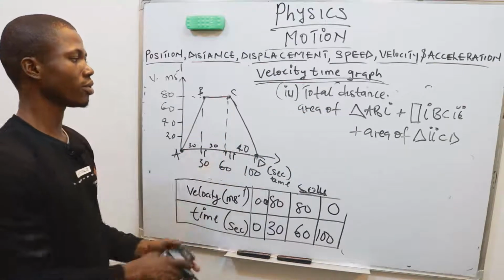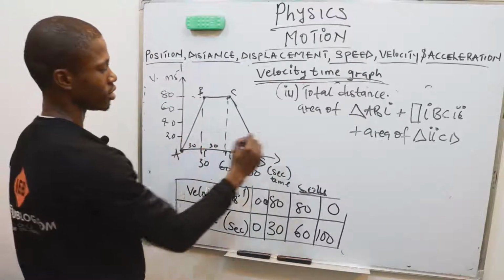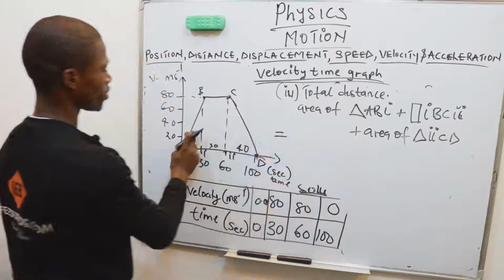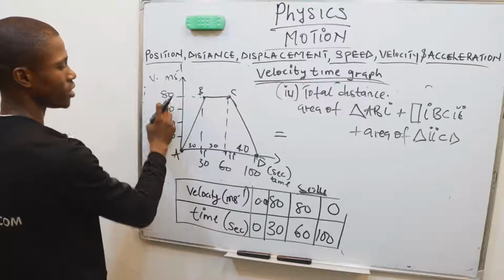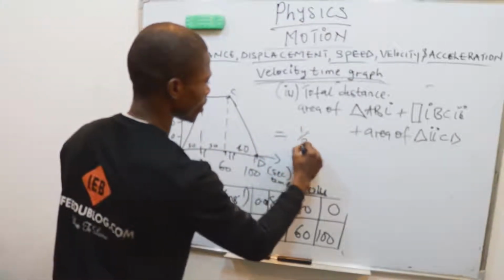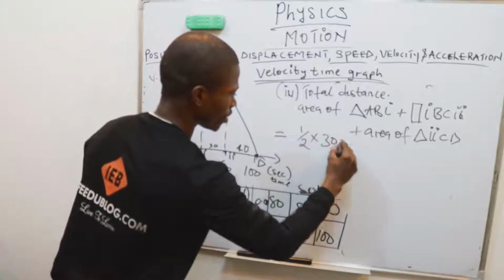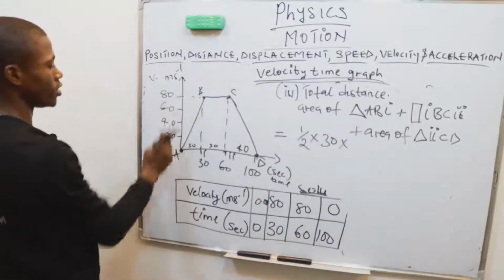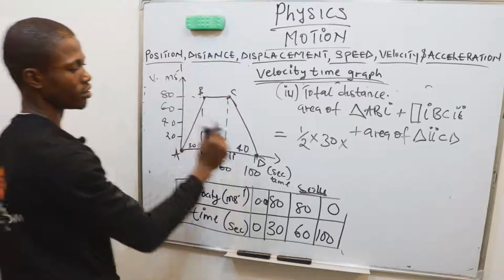When you sum the three areas, the area of the first triangle is half base times height. Our base is 30, our height is 80, because the height starts from here and reaches here. So the first area is half times 30 times 80.